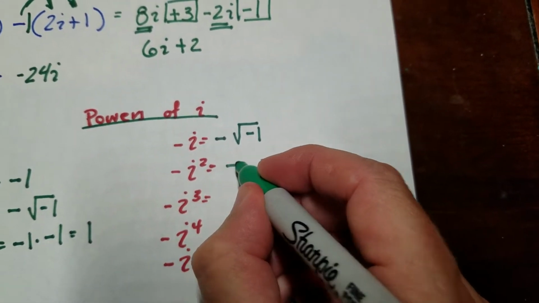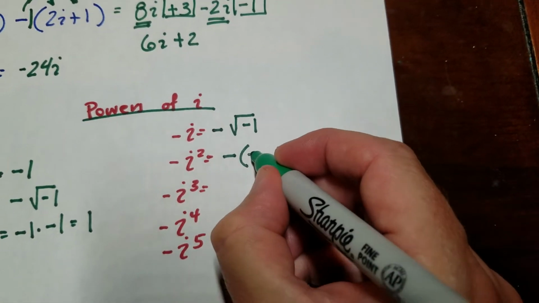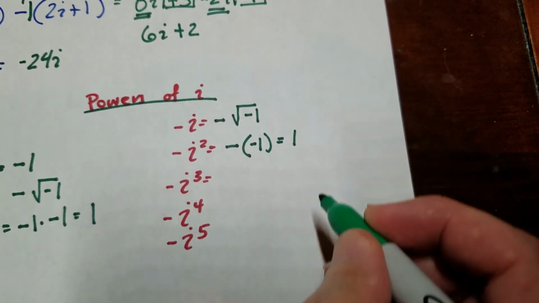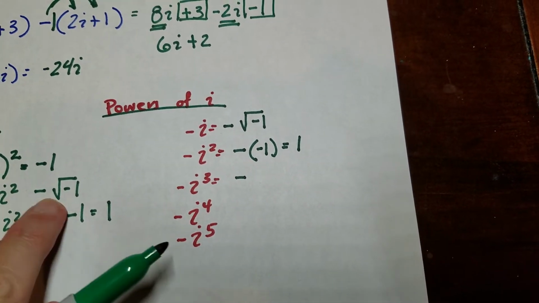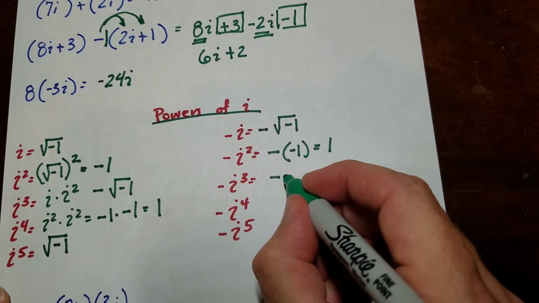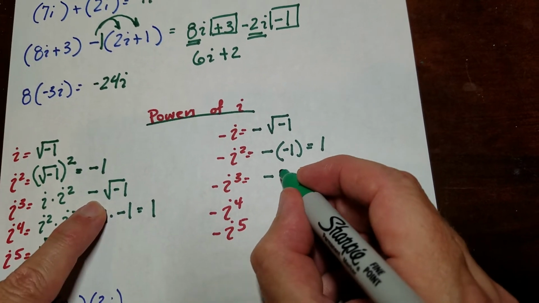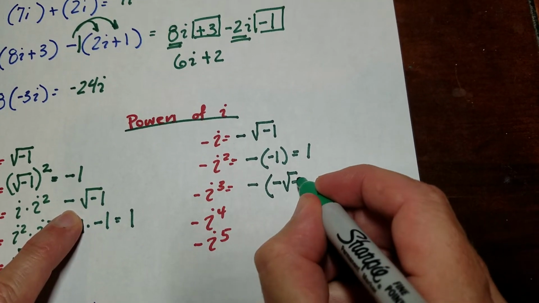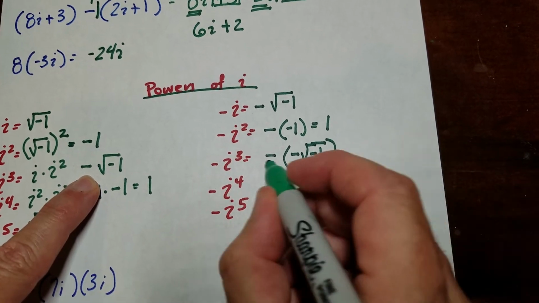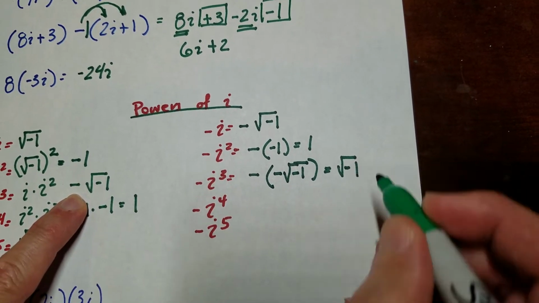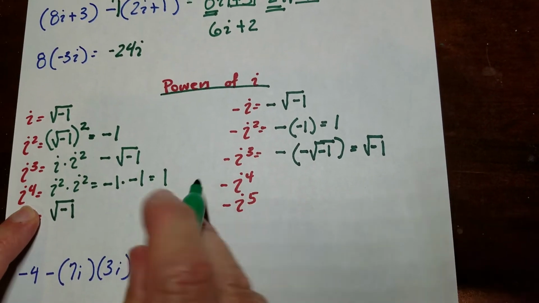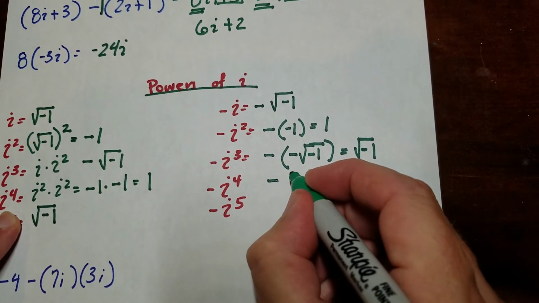This is a minus -1, so that is a positive 1. This is a minus i to the third, which we know is the opposite of that. And so the opposite of that is equal to this. And then i to the fourth power is 1, but it's the opposite of 1.